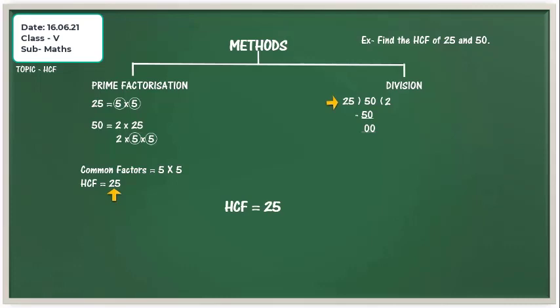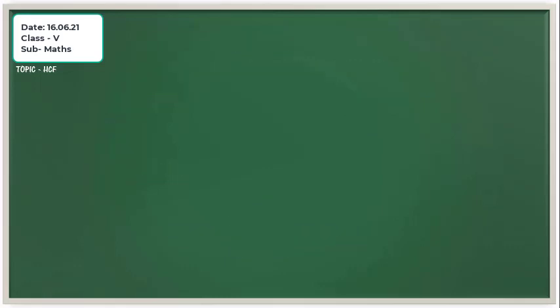Here you can see that 25 is the factor of 50, and among 25 and 50, 25 is the smaller one. Therefore, we can write directly that 25 is the HCF of 25 and 50. Now, let's move forward and try to solve some exercise questions to understand HCF in much better way.